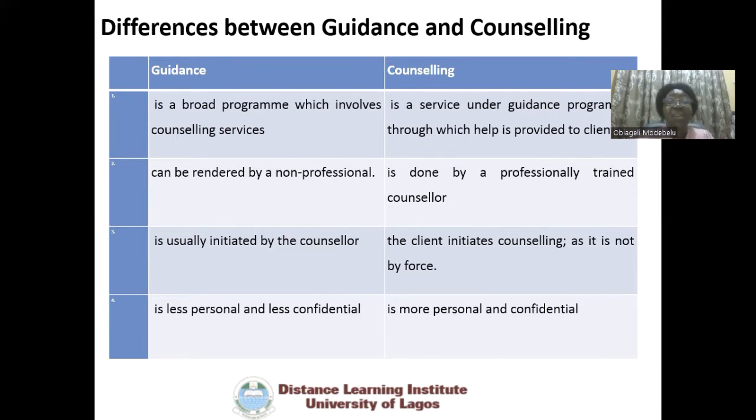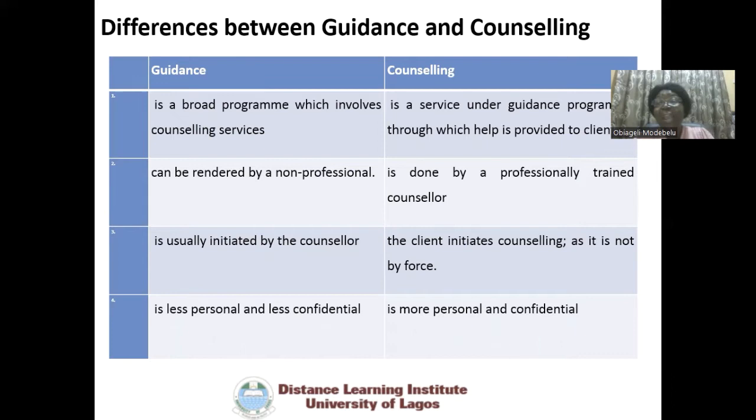So guidance here is a broad program which involves counseling services, whereas counseling is a service under the guidance program through which help is provided to clients.